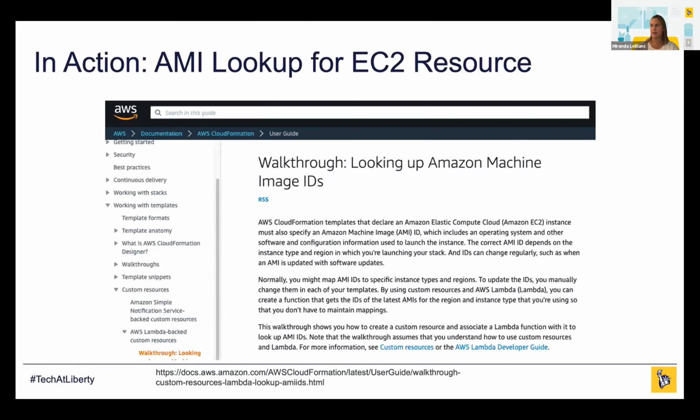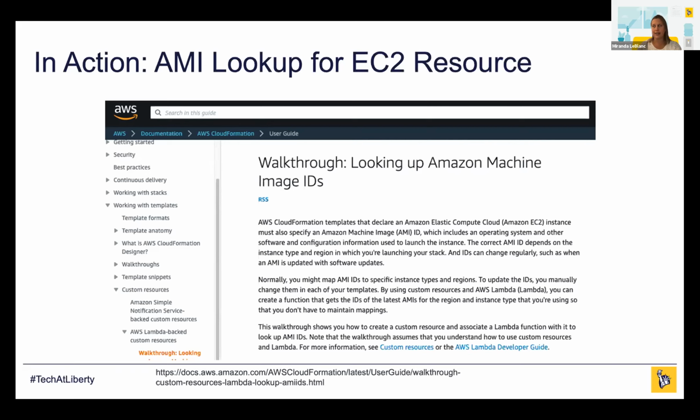So that defines both the Lambda function and the IAM role, and it also gives the Lambda access to call the EC2 describe images API. So that function needs to be able to hit that API in order to get that image ID. Then the custom resource, the AMI info, references that Lambda function.